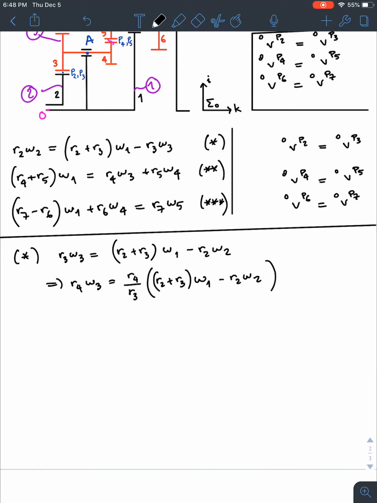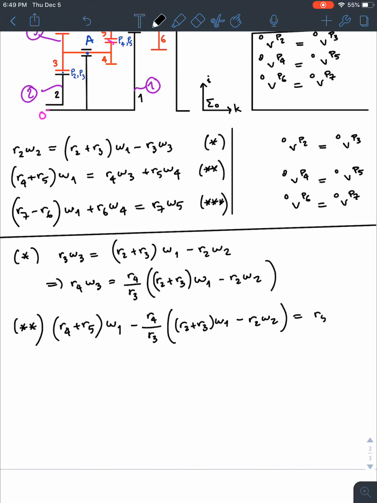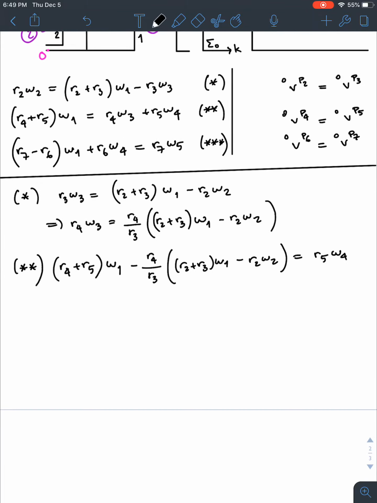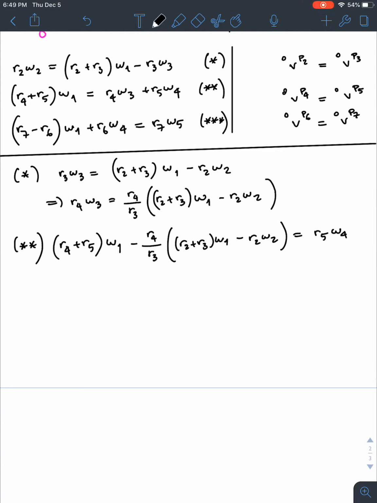So now working on the second equation, but plugging in what I found for R4 times omega 3, I am getting R4 plus R5 omega 1 minus R4 divided by R3 times R2 plus R3 omega 1 minus R2 times omega 2 equals R5 times omega 4, right? I see here R6 times omega 4, so I need to compute that in terms of omega 1 and omega 2. To do that, let me first simplify the second equation.